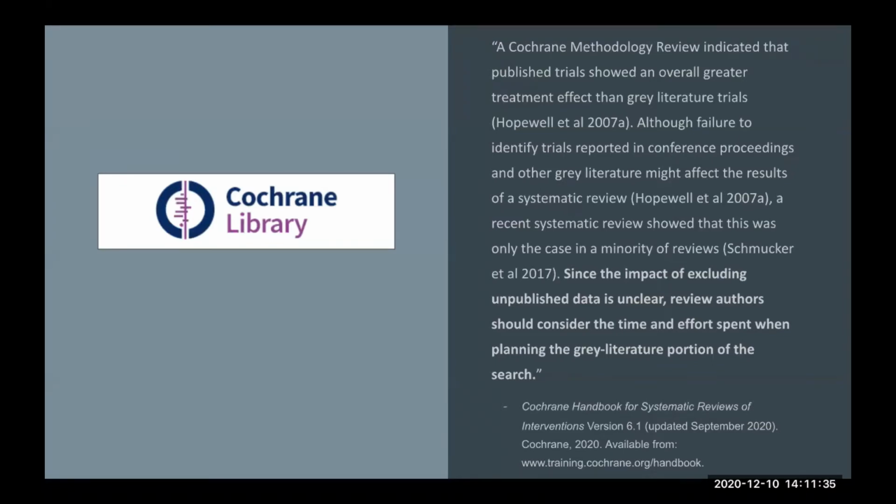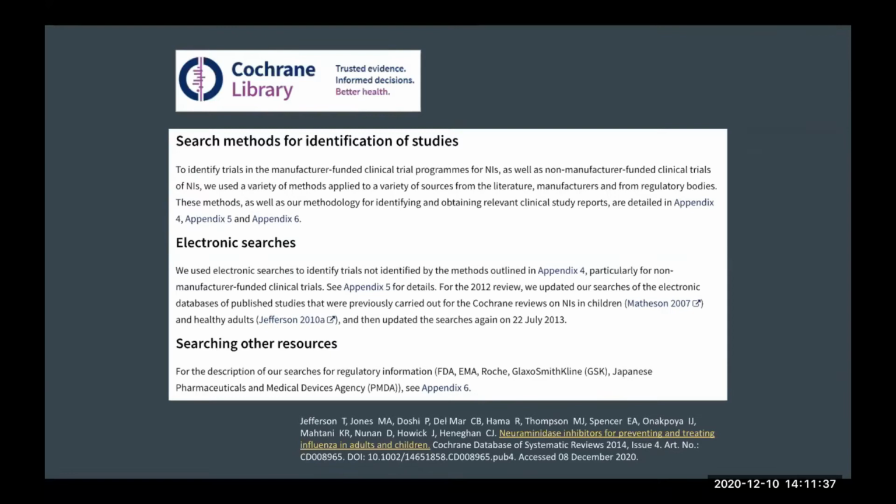So next slide, please. And I also wanted to mention that your research question may also be important to take into account when you're considering whether or not you want to do a Greylit search, as well as what type of Greylit you might want to search. So this is an example of a method section from a Cochrane review that looks at a specific intervention for preventing and treating influenza.